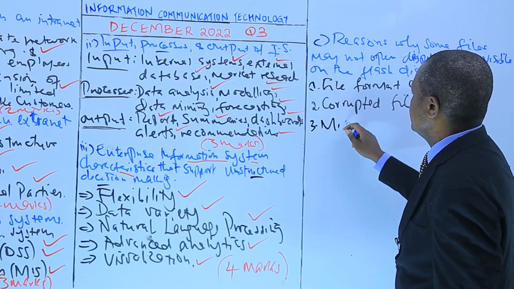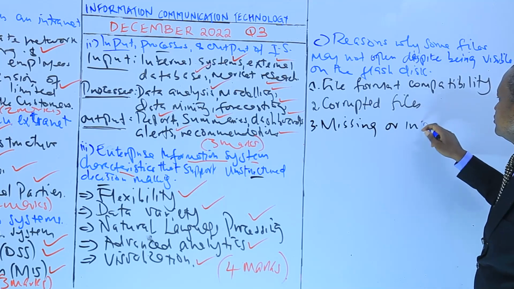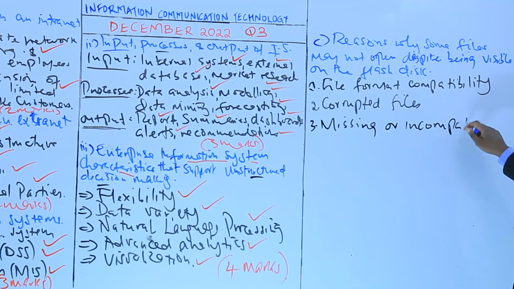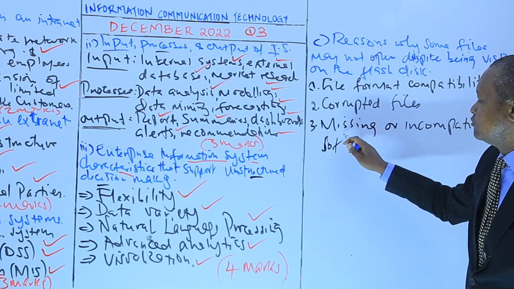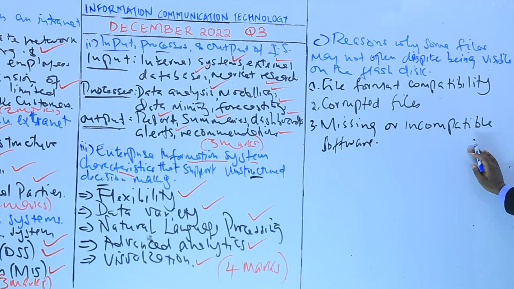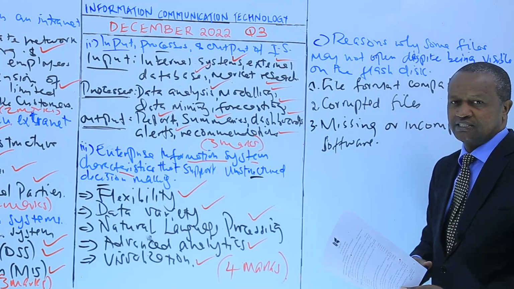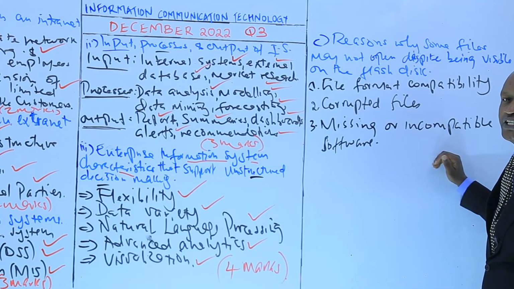Three, missing or incompatible software. Now, the work computer may not have the necessary software or what we call plugins that are required to open the specific file types on the flash disk.